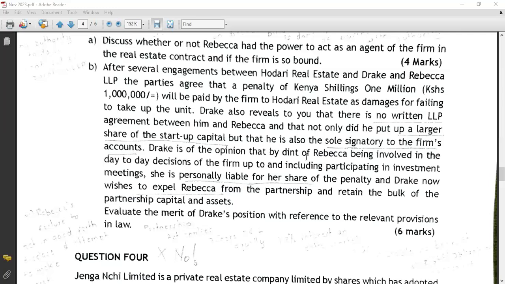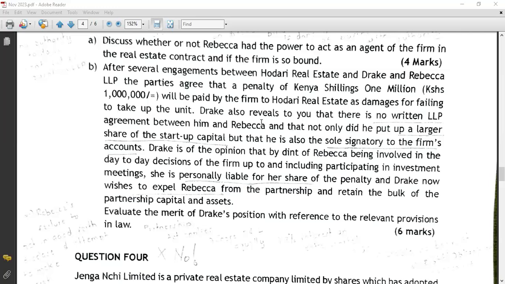For you to register an LLP, do you need an LLP partnership? Is it a must? Or you need to make reference that you're going to be bound by the act, in my view. Yes, so there are either two things.